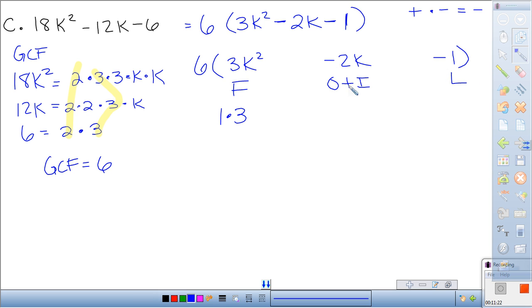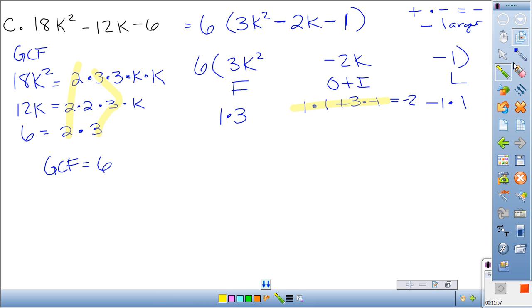In order to get a negative in the middle, we need our negative to be the larger number. So I'm going to do, oh, you know what? Does it even matter since it's a 1? No, it doesn't. So we'll just do negative 1 times 1. And then if that doesn't work, we'll try it the other way. So outer, 1 times 1, plus inner, 3 times negative 1. 3 times negative 1, negative 3, 1 times 1 is 1. 1 plus negative 3, there's our negative 2. Ta-da! We're done right there.